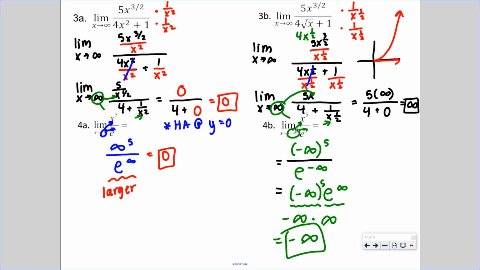I'm going to look at a couple more like that. So basically this graph, you guys, the left end behavior goes off to negative infinity. If I were to just quick sketch this, I don't really know what the curve looks like, but I know that the left end behavior goes off to negative infinity.